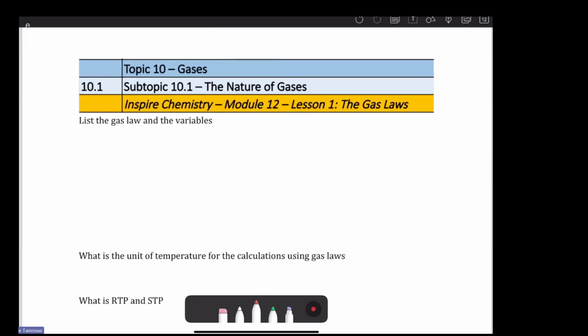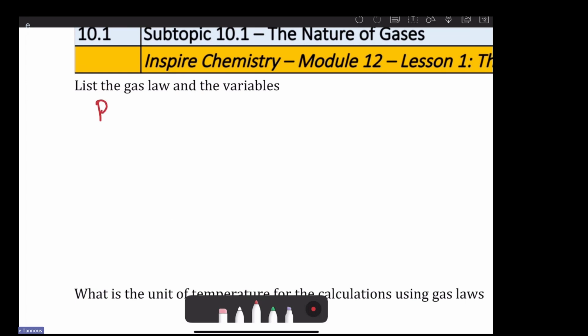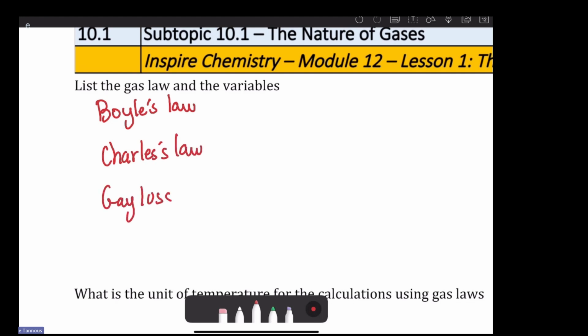List the gas laws and the variables. This is something that I would like to explain before I move on with the gas laws. We have Boyle's law, Charles' law, Gay-Lussac's law.